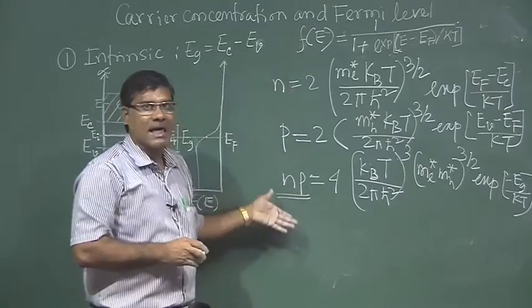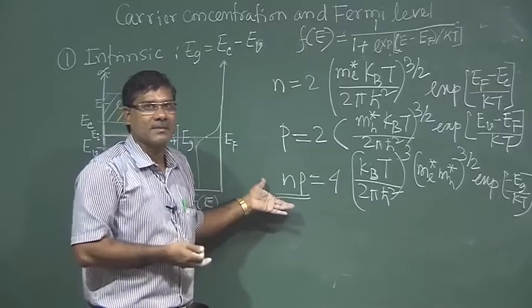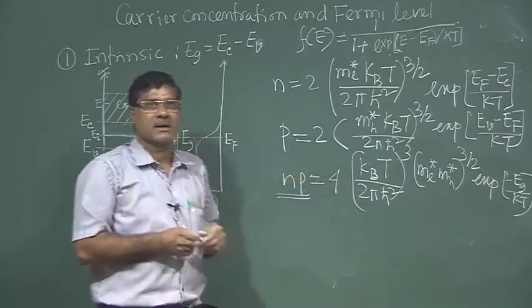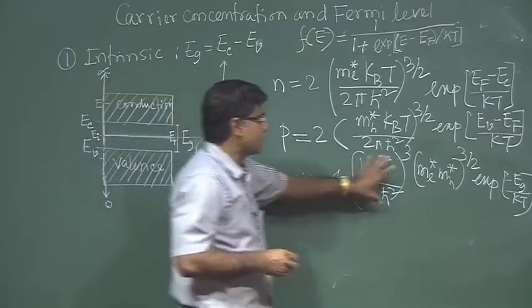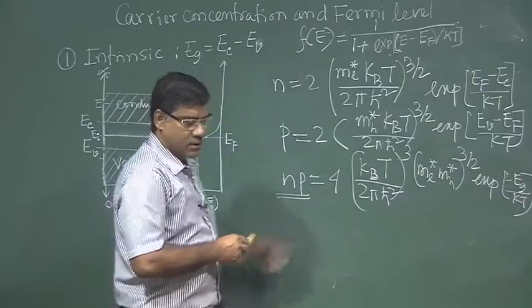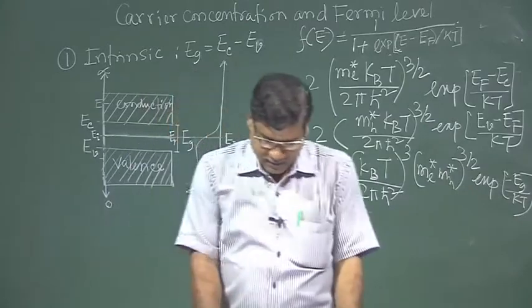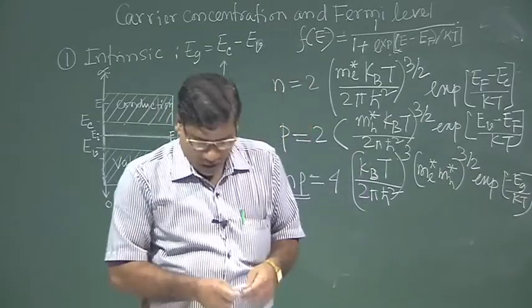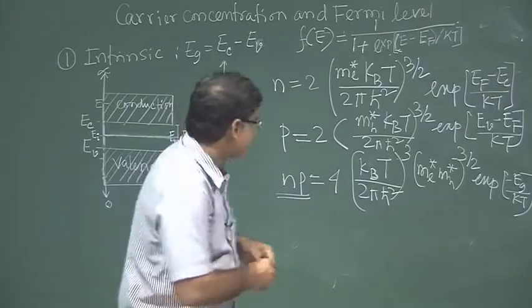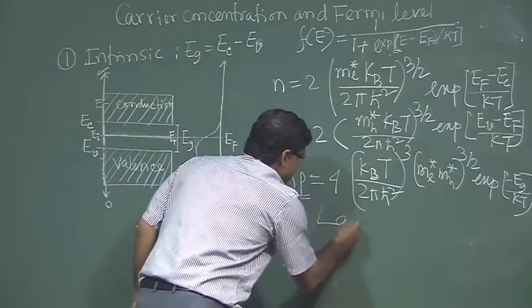In this calculation I have not mentioned that it is for an intrinsic semiconductor. So in general this product is always constant for a particular temperature, and this is called the law of mass action.